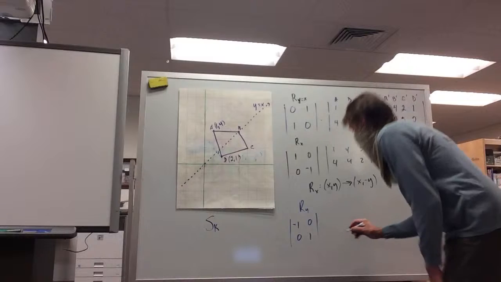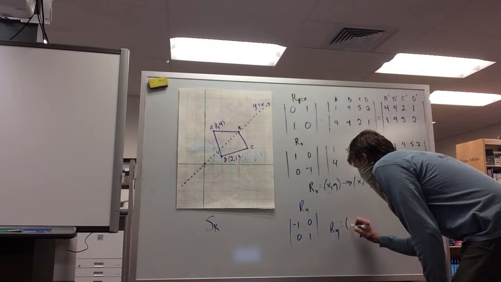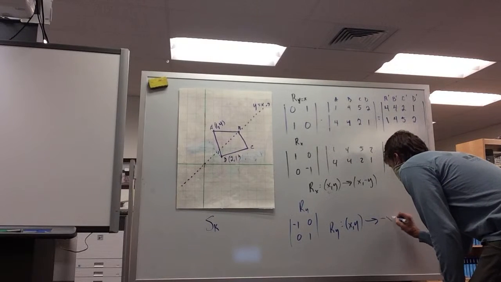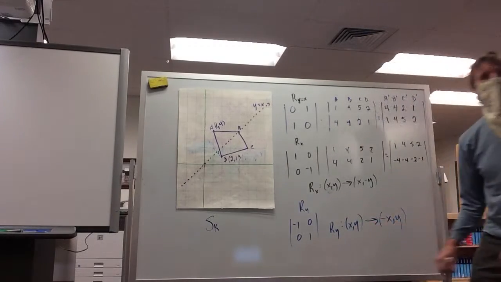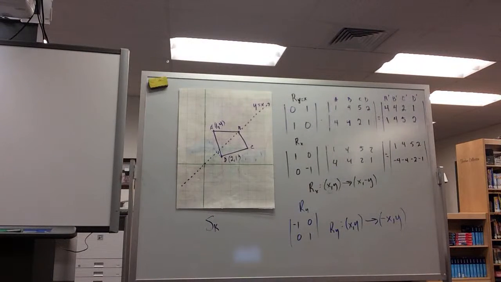And this one's going to be written very much the same way. But when you're reflecting over the y-axis, you're changing the x to its opposite value. Now it's A double prime. Yes, if you can get that formal with it, you can.